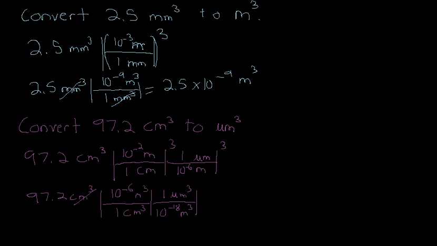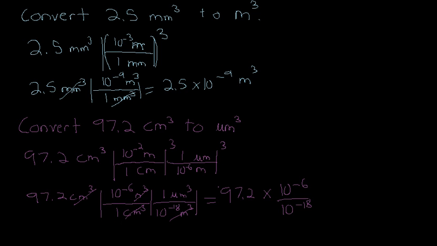You can see centimeters cubed cancel out, meters cubed cancel out, bam. So what I'm left with is 97.2 times 10 to the negative 6 over 10 to the negative 18th.